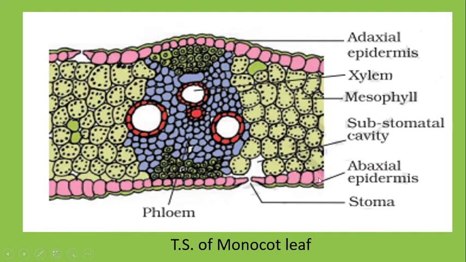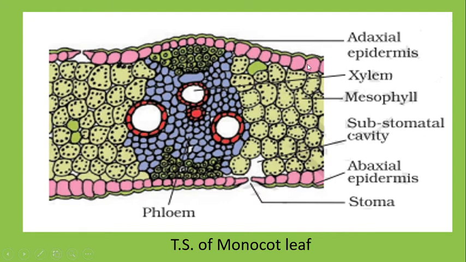These cells, which are larger in size than the normal epidermal cells, are known as the bulliform cells. In the last chapter, when we studied the epidermal tissue system, we studied motor cells. So these are the motor cells which are present in the monocot.